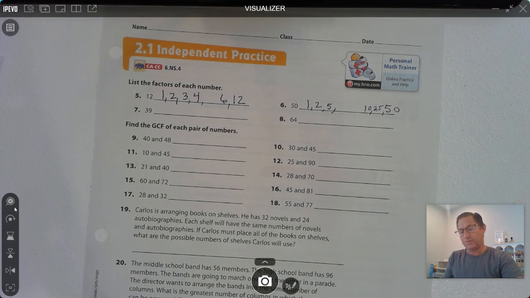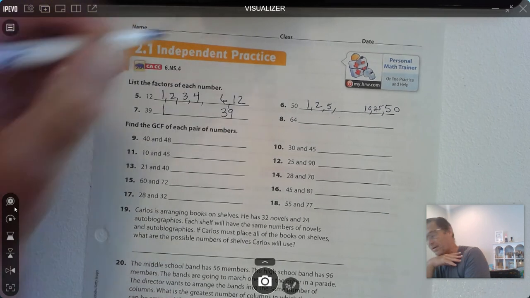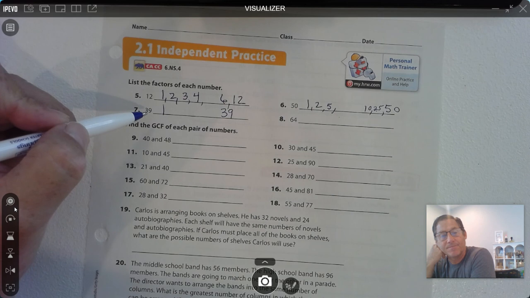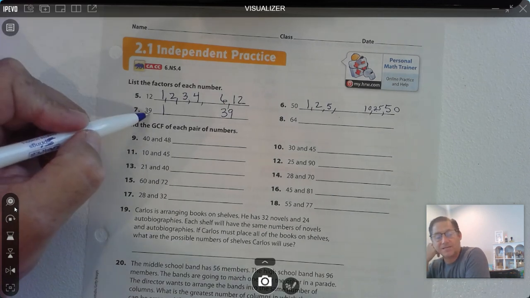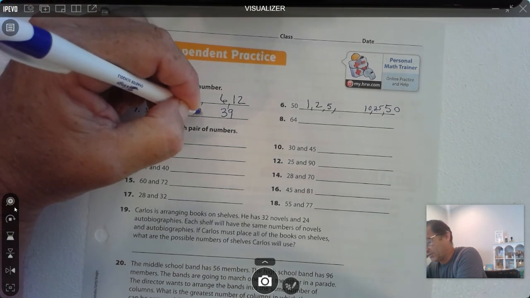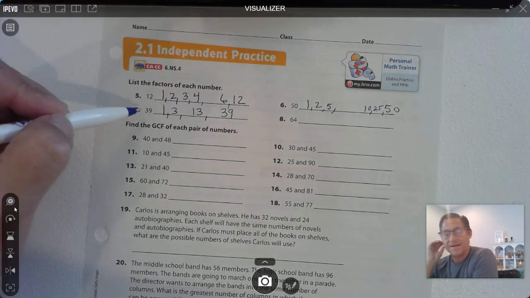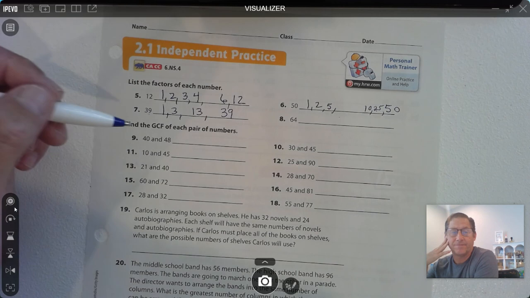So go ahead and list 1 and 39. 2 we know is not a factor of 39 because 39 is not even. 3 will be because 3 plus 9 is 12, and 12 is divisible by 3. 3 times 13 is 39. 4 is not because 39 is not an even number. 5 will not work.